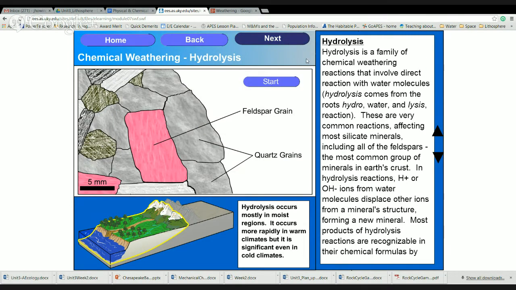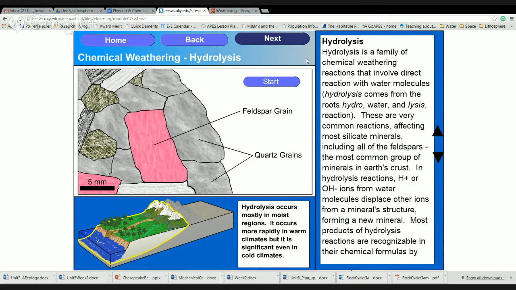And the last one is hydrolysis. This is when a hydrogen or a hydroxide ion from the water displaces the ions in the minerals and forms a new mineral. This happens a lot in feldspar.